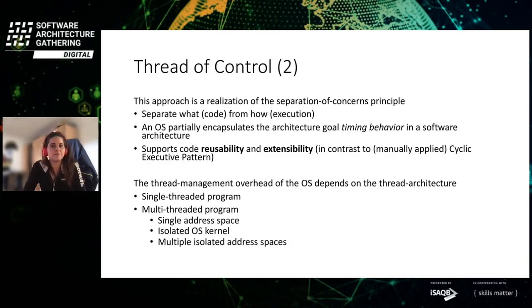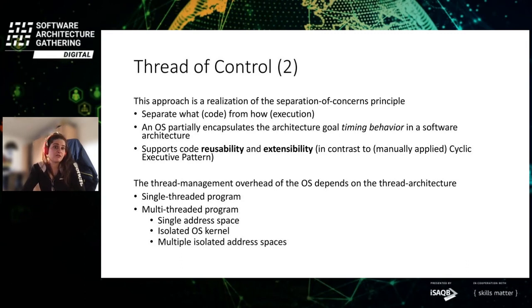This approach basically of having a separate module, the operating system, for the thread management is basically following the separation of concerns principle again. So you separate what, which means the code, from how this is actually executed.